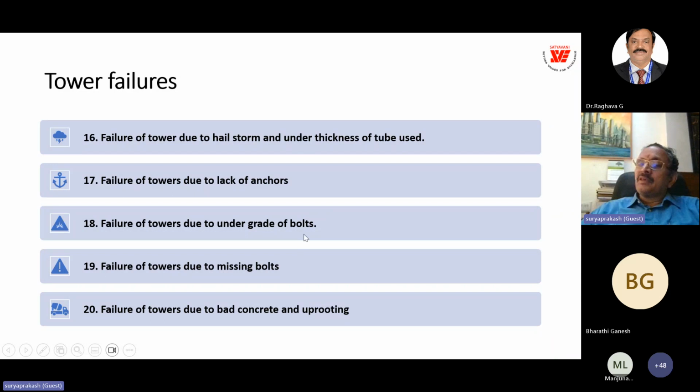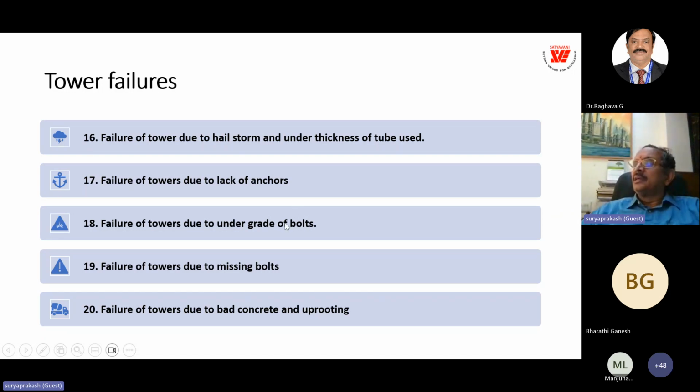The bolts that we specify for joints are 5.6 grade, which will give you shear capacity of 3160 and bearing capacity of 7320 kg per cm square, whereas 4.6 grade will give you 2220 shear and 4440 bearing.